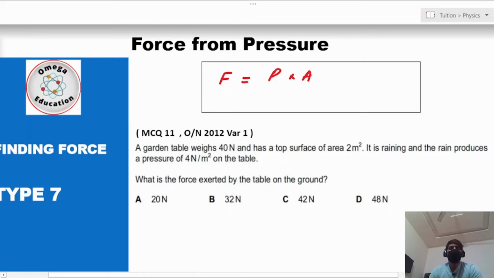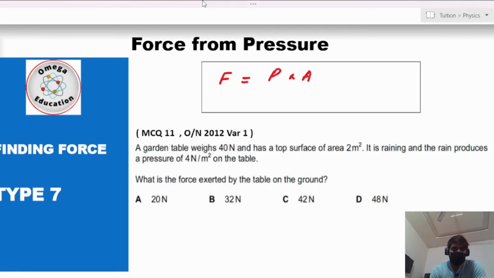Area equals force over pressure, pressure per unit area. Pressure equals force acting on a unit area. From there we make F the subject and rearrange the formula, and force equals pressure times area.